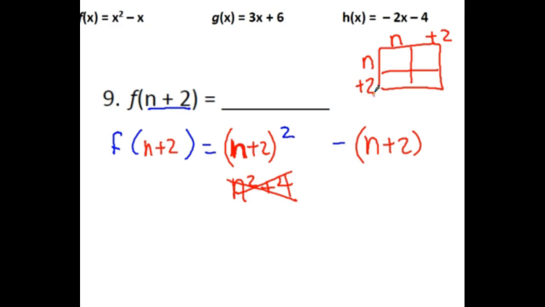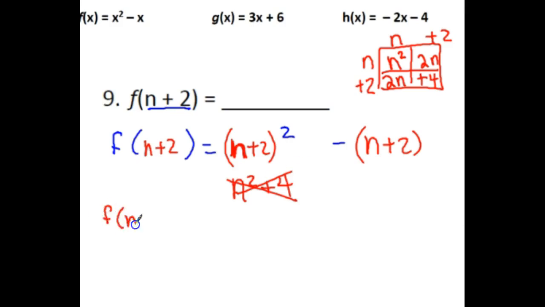So I'm going to go over in the margin of my paper, and I'm going to multiply out with a box problem. Do you remember box problems? You can use FOIL, but as you know, I prefer a box problem.